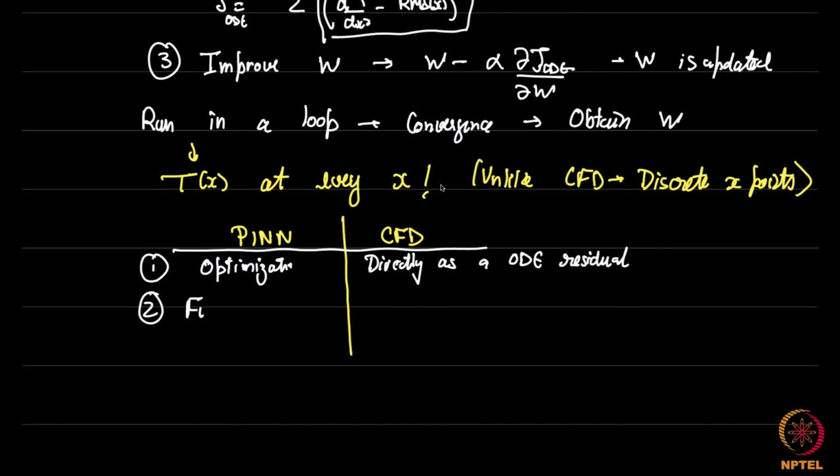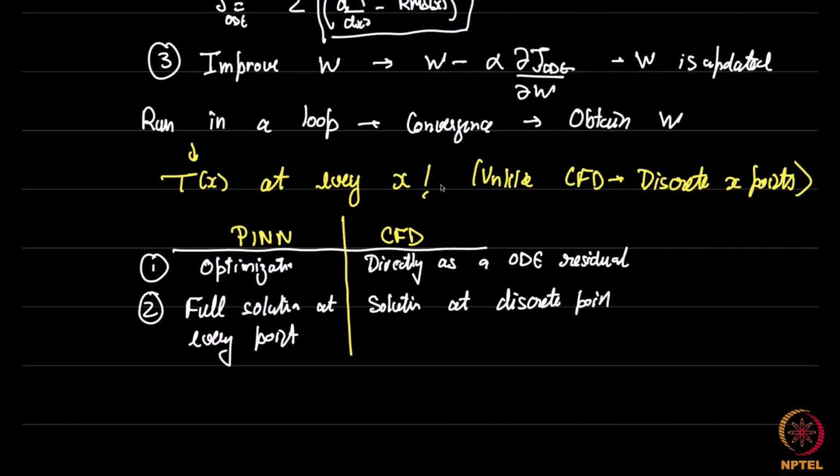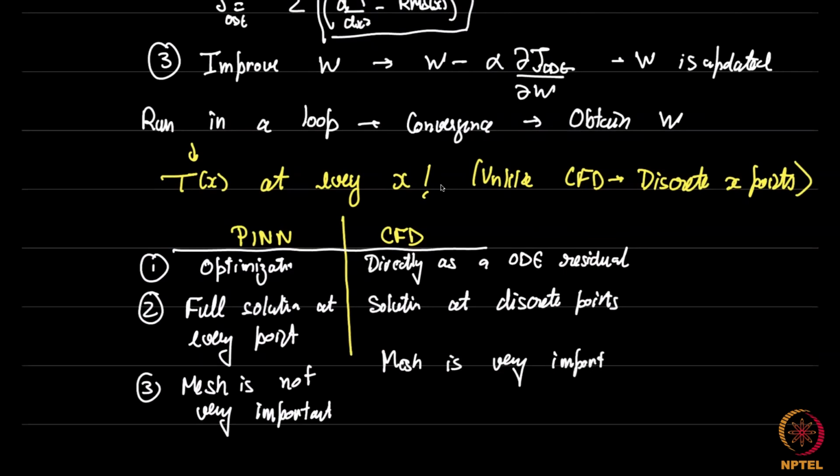Second, you get the full solution at every point. Here you get the solution at discrete points. Finally, in PINN the mesh is not very important. We will see how that affects things shortly. Whereas in CFD the mesh is very important, because depending on how I give the mesh, my difference equation or my difference approximation actually changes.